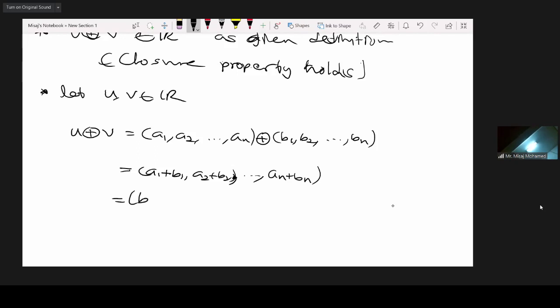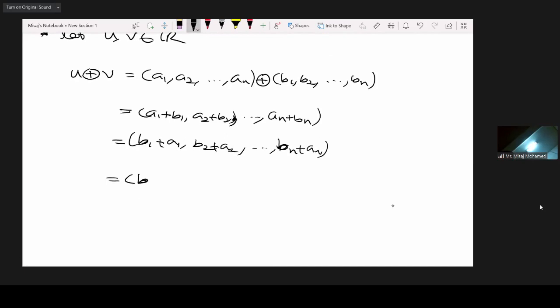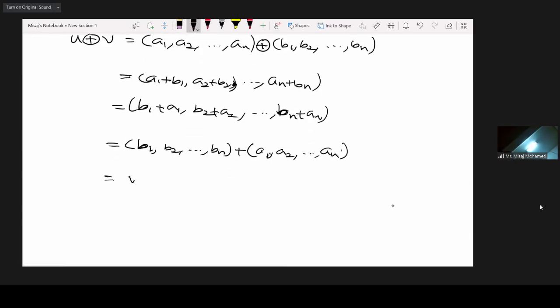Is it possible to write b1 plus a1? Because a1 plus b1 is a real number, and a1 and b1 are real numbers, we can convert it: b2 plus a2, up to bn plus an. So now I can write this as (b1, b2 up to bn) plus (a1, a2 up to an). So this is v plus u. So now we can say that commutativity holds.